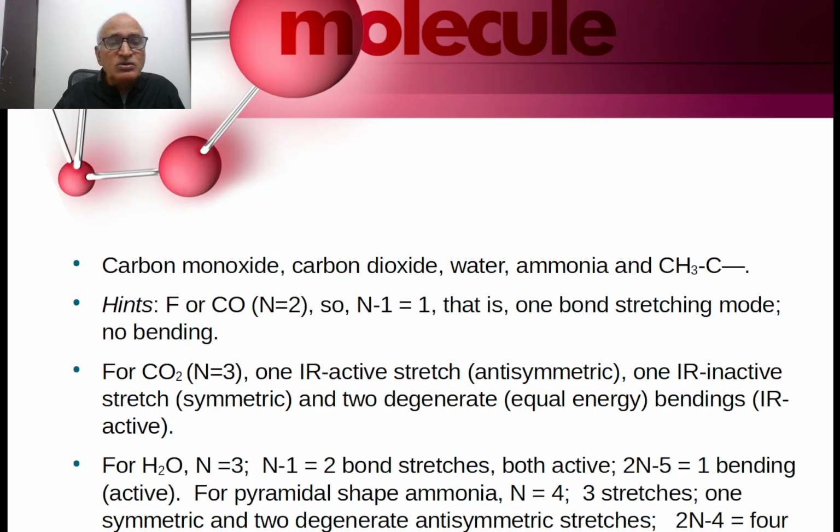For water molecule, number of atoms is 3, number of stretching 2, both active, number of bendings 2n minus 5 equal to 1, IR active. For pyramidal shape ammonia molecule, number of atoms is 4, 3 stretches, 1 symmetric and 2 degenerate antisymmetric stretches, 4 bendings.